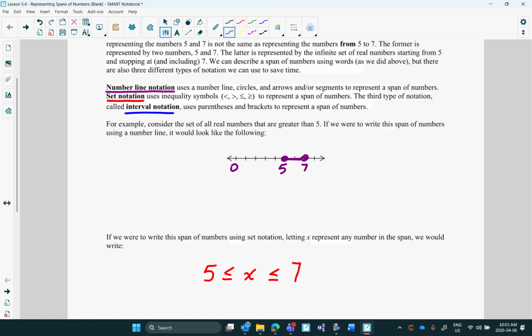So we're going to put greater than or equal to 5 and less than or equal to 7. So we don't have to change it. Just change the wording. We don't have to change the entire question and all the answers.